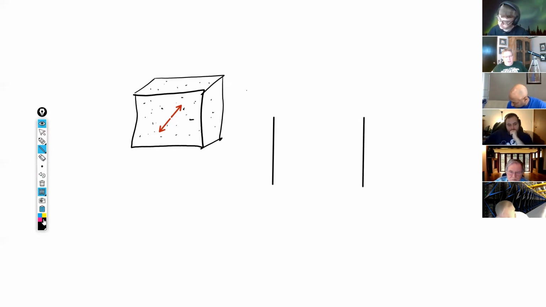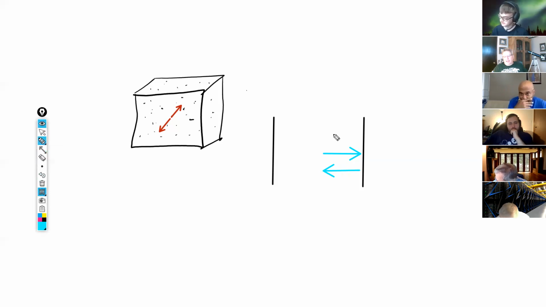The molecule is going to do what? It's going to move this way until it hits the wall, at which point, how will its velocity change? If it hits directly perpendicular, it will come back at an equal magnitude, different direction.